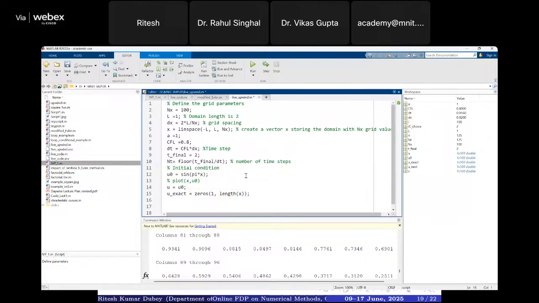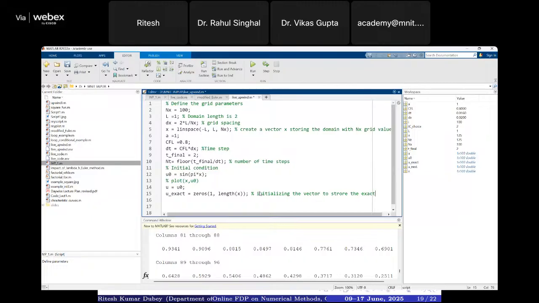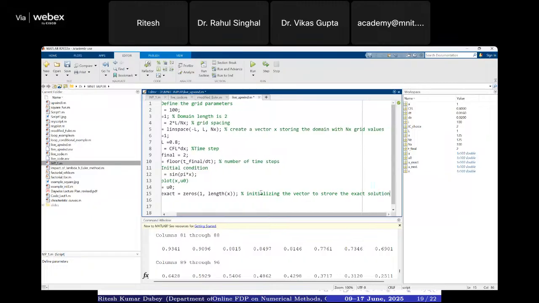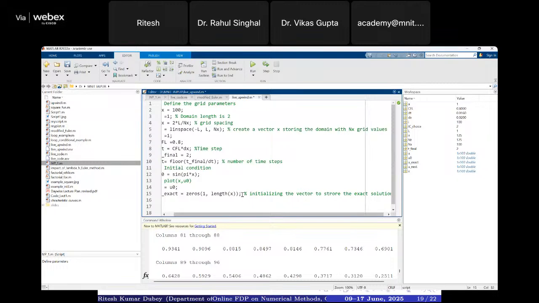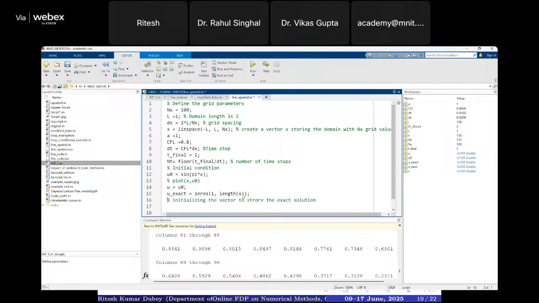So I have defined these two vectors: initializing the vector to store the exact solution, and here we are initializing the solution.